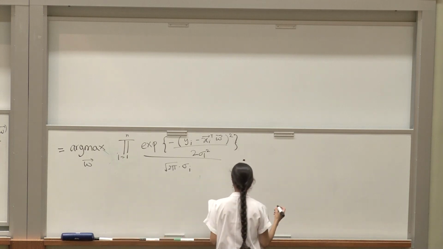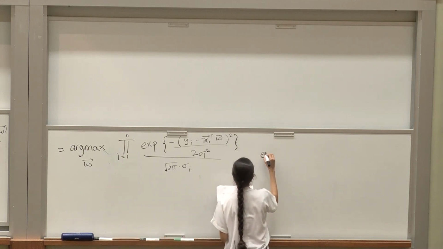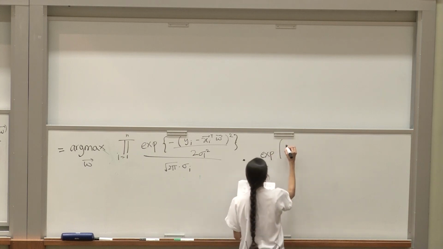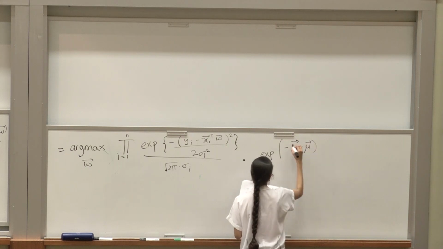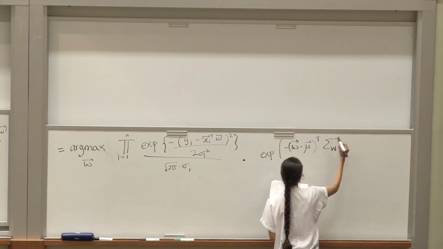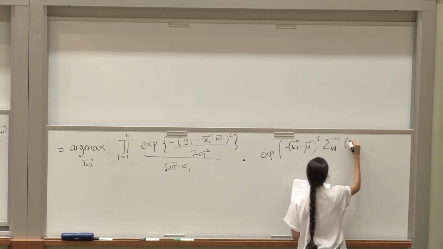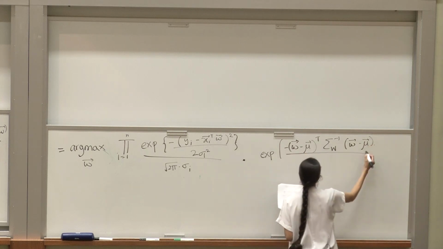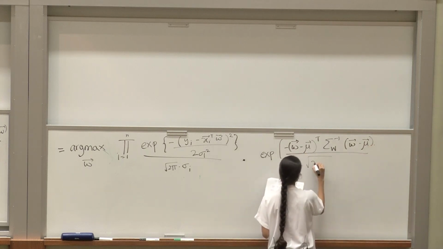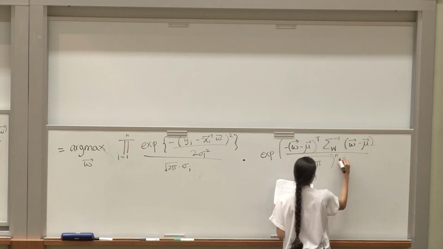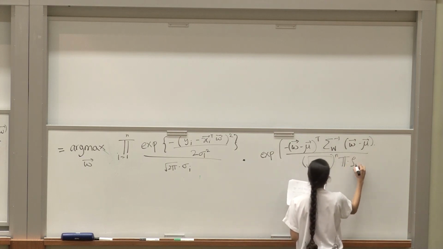So I can write this as exponential of minus (W minus mu) transpose sigma W inverse (W minus mu), divided by square root of 2 pi to the n times the product of all of the rho i's.